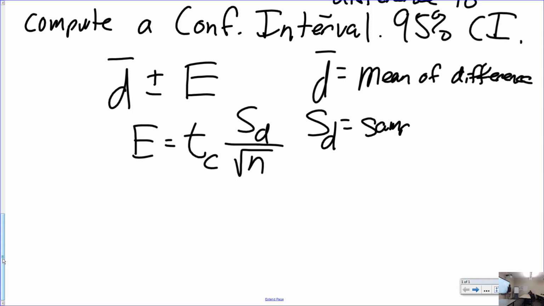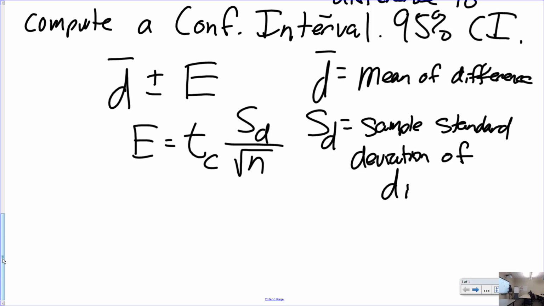This is the sample standard deviation of the differences.